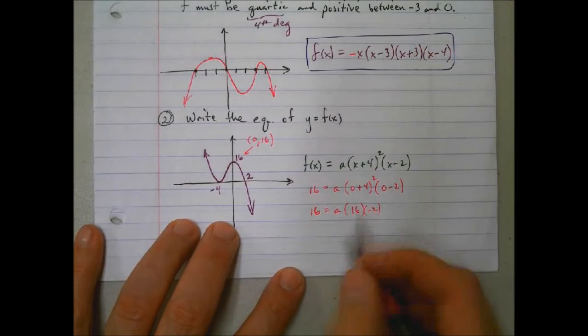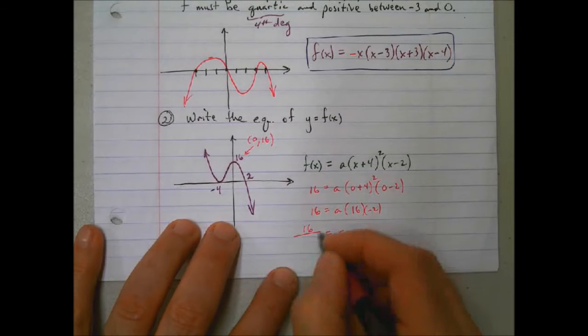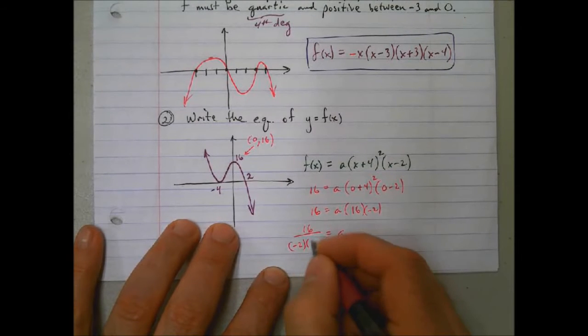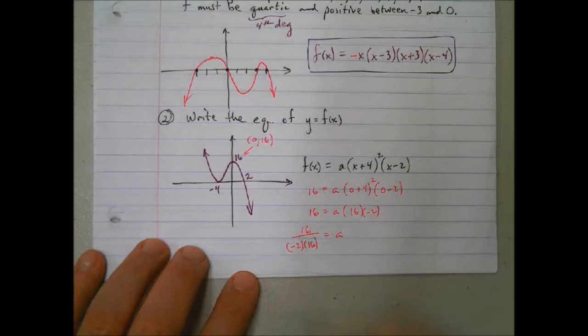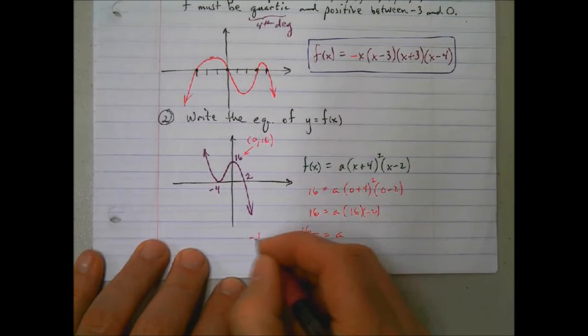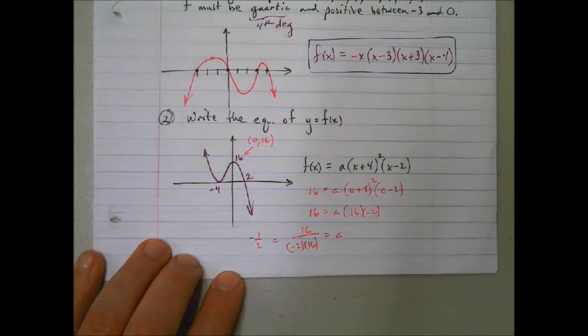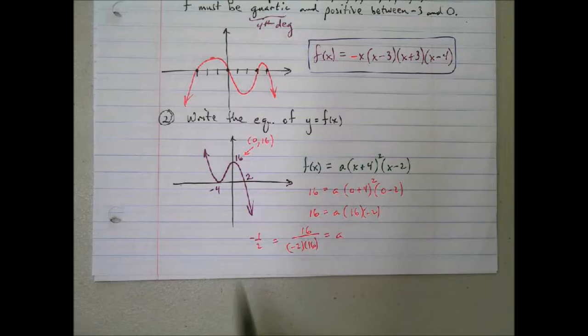And so we can solve for A by dividing both sides by that. We get A is 16 over negative 2 times 16, which reduces to negative 1/2. And so that is the actual coefficient A. We were able to solve for it.